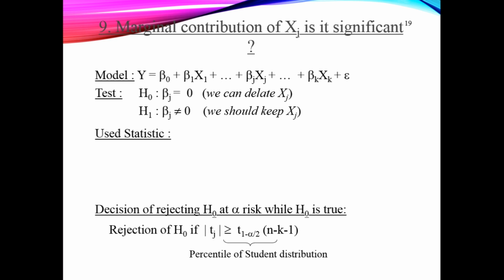We will do the hypothesis test, where the null hypothesis is that the coefficient of the factor that we choose is null, against the alternative hypothesis in which we suppose that the coefficient is statistically different from 0. And to do that, we'll use a Student statistic to take a decision when the calculated Student statistic is superior to the percentile of the Student distribution.